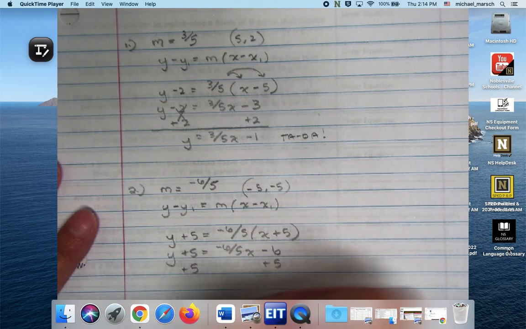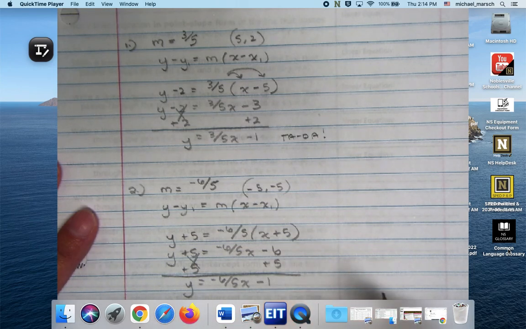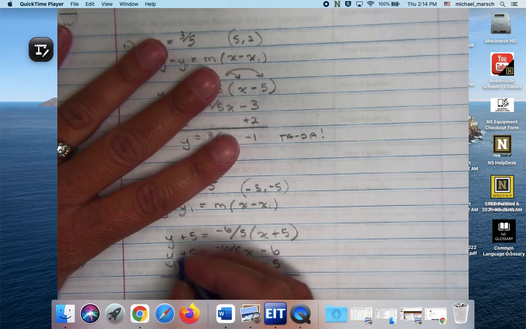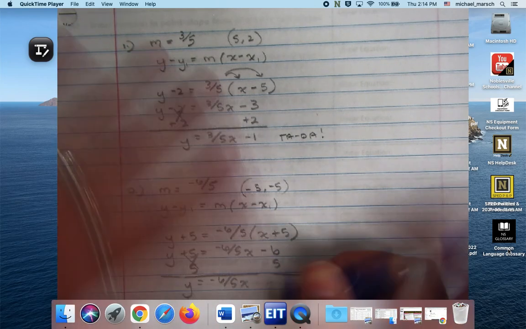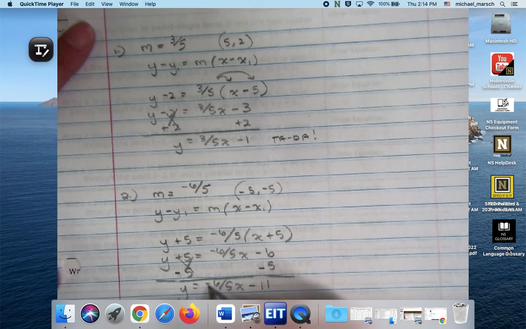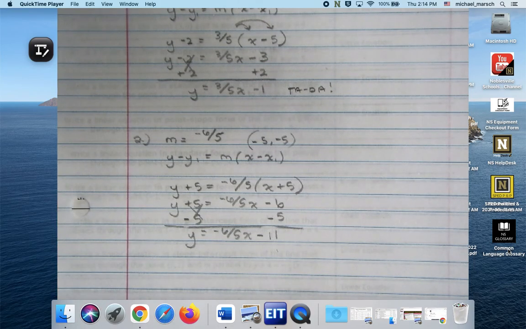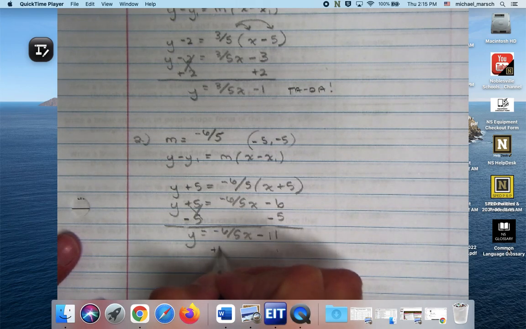Add 5 to both sides. y equals negative 6/5. Sorry, subtract 5 from both sides. Yes, thank you. Then we add 6/5 x to both sides.